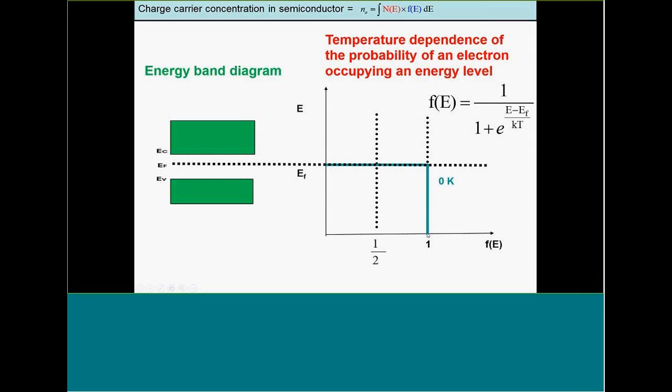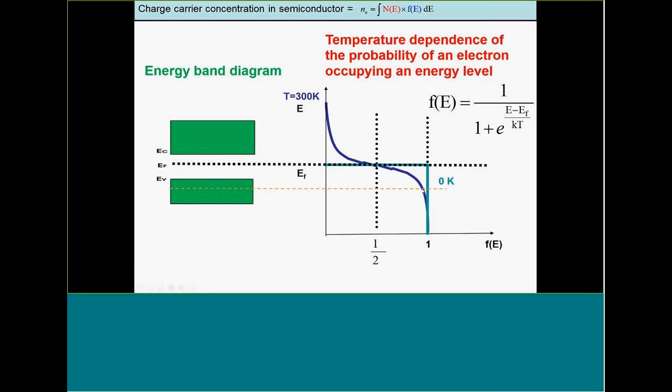But if we have an increase in temperature, what is going to happen? You can see now, let's say for this energy level below the edge of the valence band, there's a probability of it not being occupied by an electron.